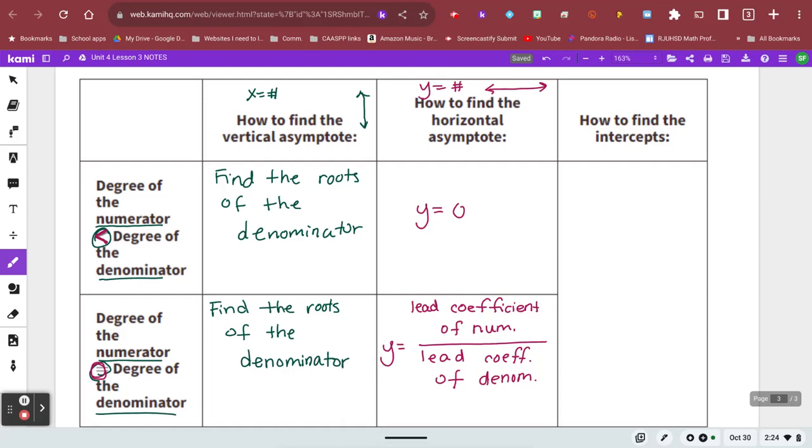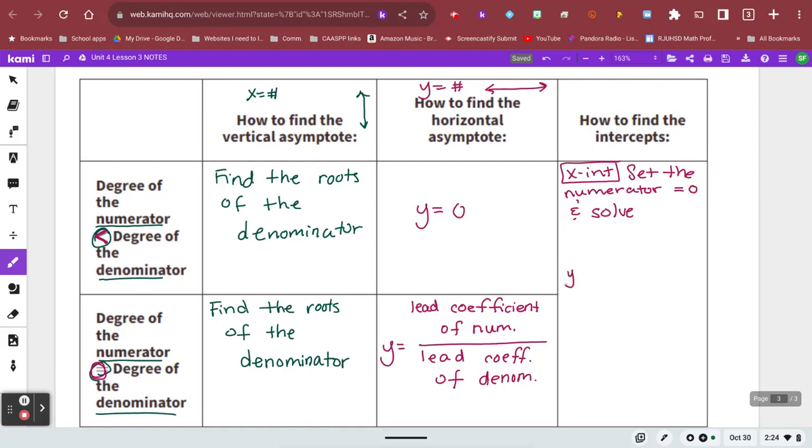Now, here for your x-intercepts, to find your x-intercept, you're going to set the numerator equal to 0 and solve it. Okay.